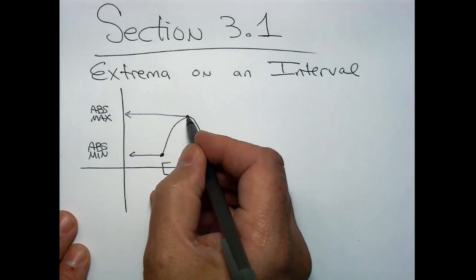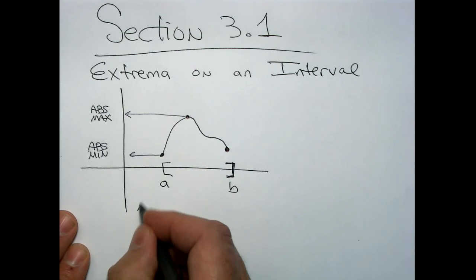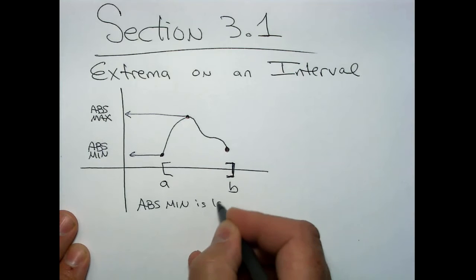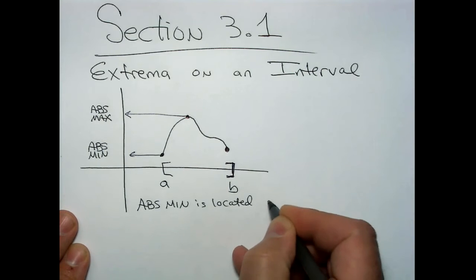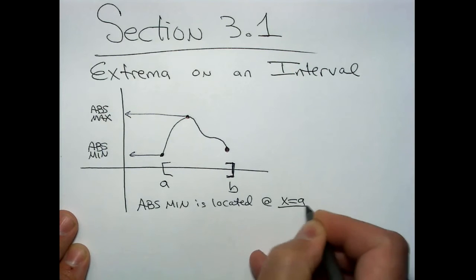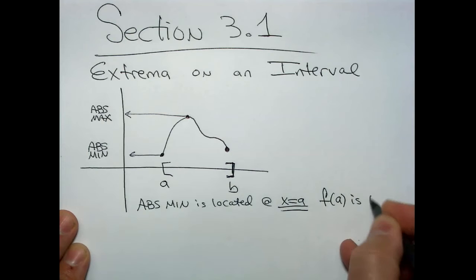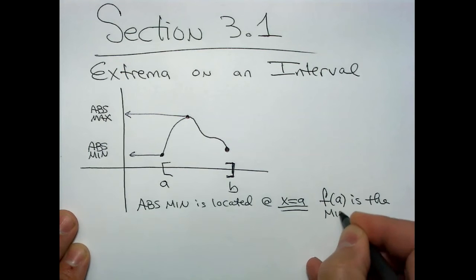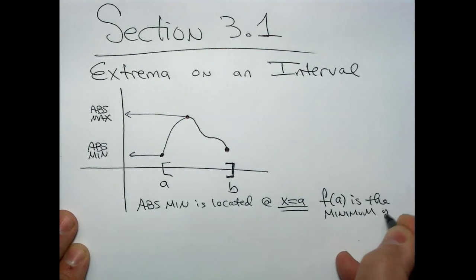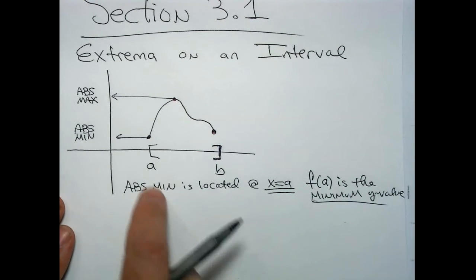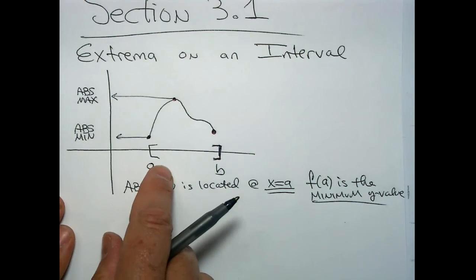Now, in order to be an absolute max or a min, there must be a point there. It can't be undefined. So I would say this: the absolute min is located at x equals a. The actual minimum value is f of a. So yes, it's a minimum y value, but we want to call out the x that causes it.